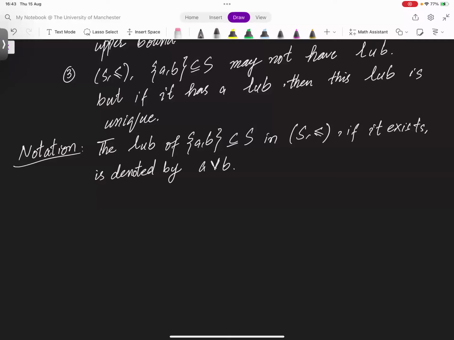It means A or B, and this means that it has a least upper bound.